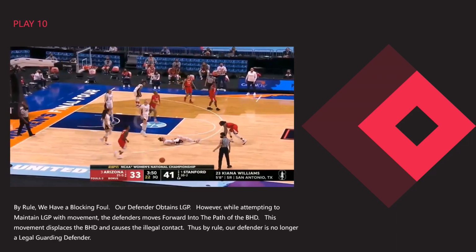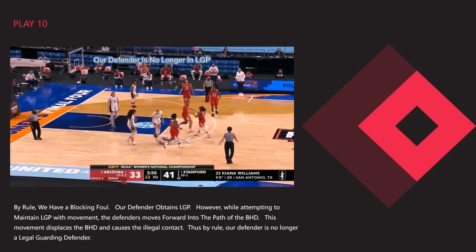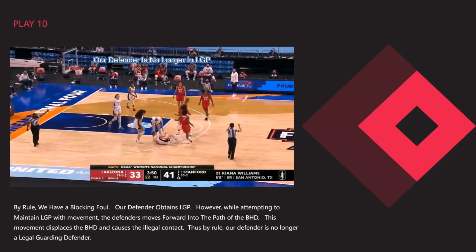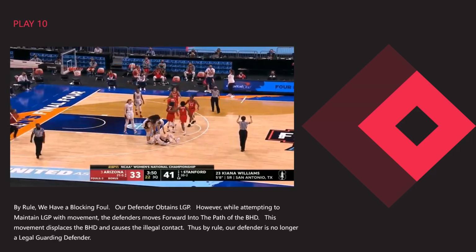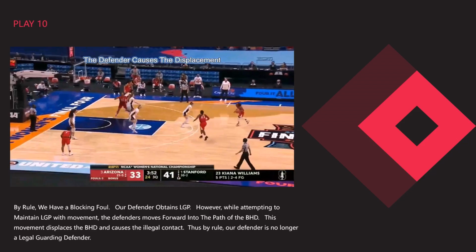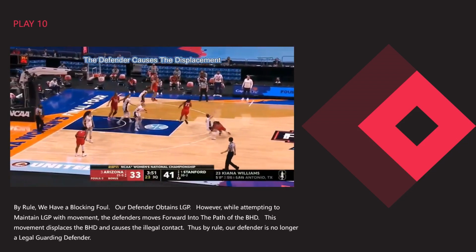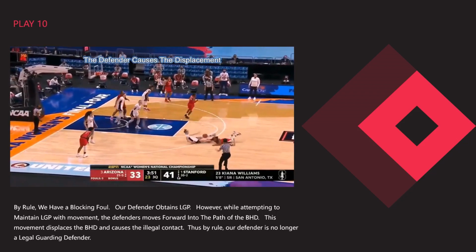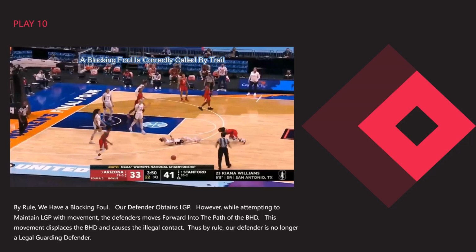Remember, by rule, movement is allowed by our legal guard defender as long as that movement does not cause illegal contact. Because the movement causes illegal contact, our defender is no longer in legal guarding position. The defender's forward movement into the path of our ball handler dribbler causes a displacement. And we have a blocking foul, which is correctly called by our trail official.